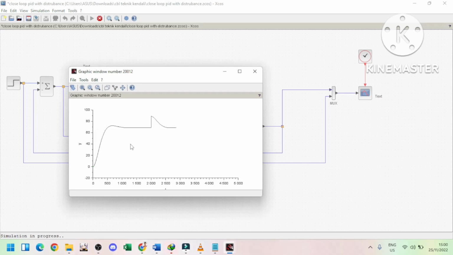The overshoot, yeah, it becomes smaller again, but maybe it can be more steady. We need to make it bigger again and make it more steady.